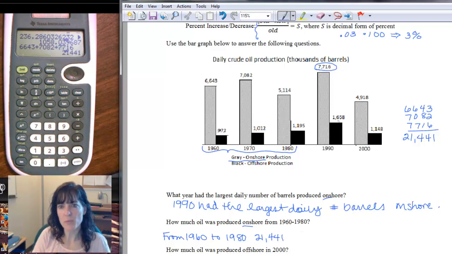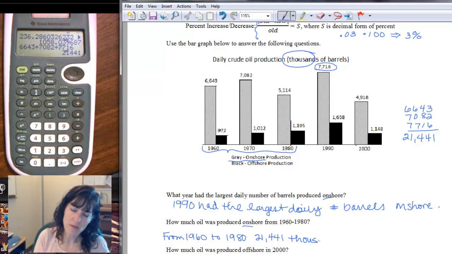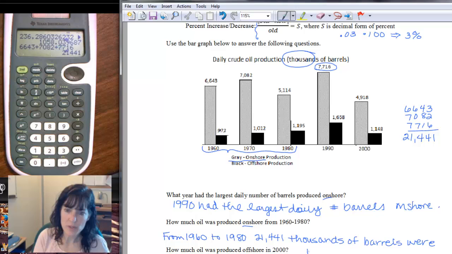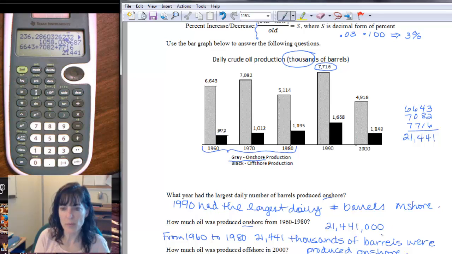21,441 barrels, but let's look here, it says thousands of barrels, so we either have to say thousands of barrels were produced, or we have to say 21,441,000 barrels.